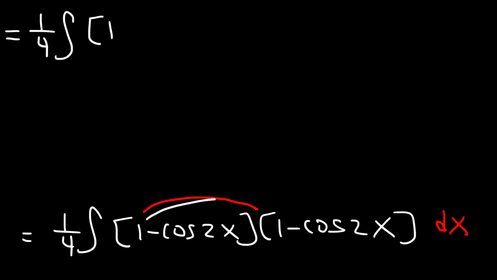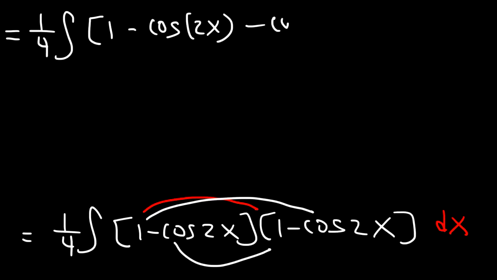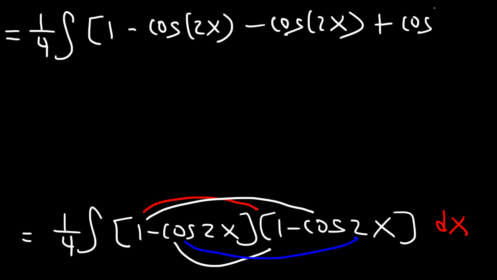And then it's 1 times negative cosine, so that's going to be negative cosine 2x, and then negative cosine times 1, that's going to be the same thing. And then the last part, negative cosine 2x times negative cosine 2x, that's going to be positive cosine squared 2x dx. So let's combine these two like terms.